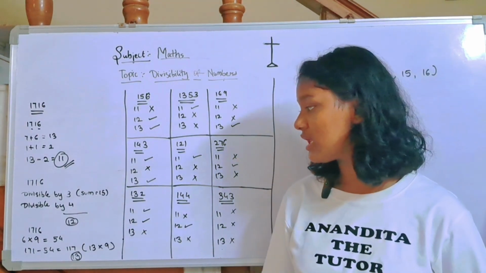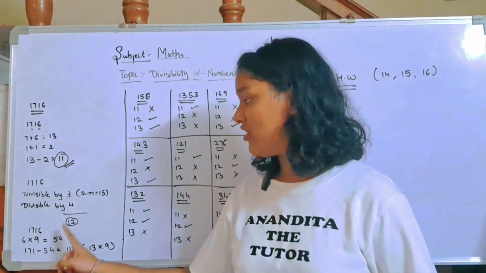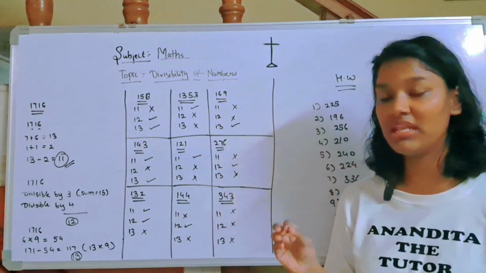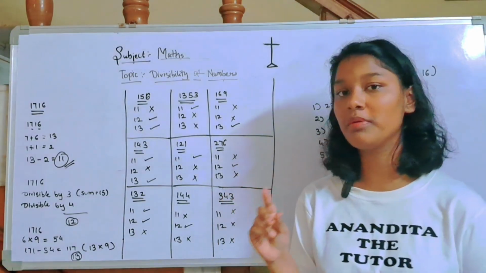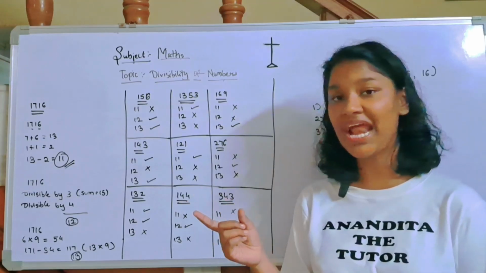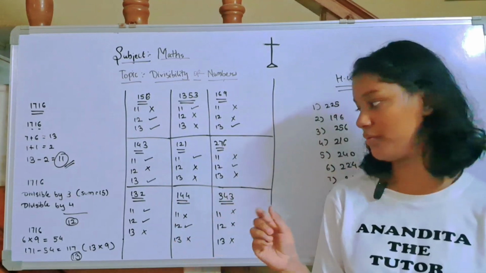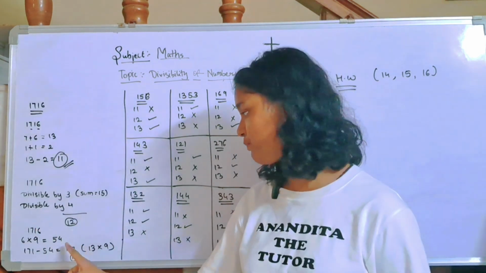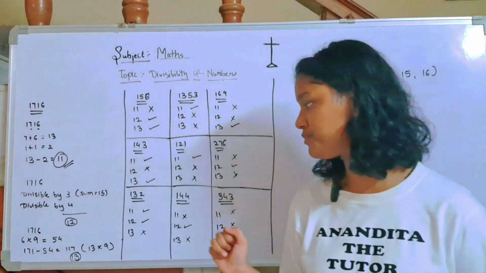Now for divisibility by 13, we had seen that the last digit should be multiplied by 9, and whatever product we get should be subtracted from the rest of the number. The last digit is 6, multiplied by 9, so our product is 54.